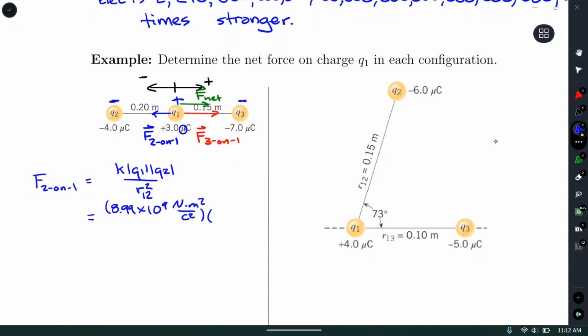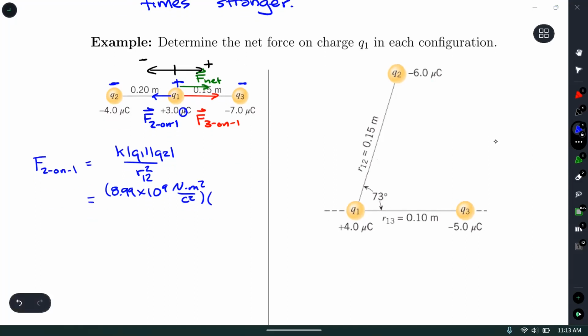So we said a coulomb's a huge amount of charge. You don't see that very often. So we start to use micro a lot for talking about charge. Do you remember what the prefix micro means? 10⁻⁶. Yep. So 3 times 10 to the negative 6. And then for charge Q2, 4 times 10 to the negative 6.